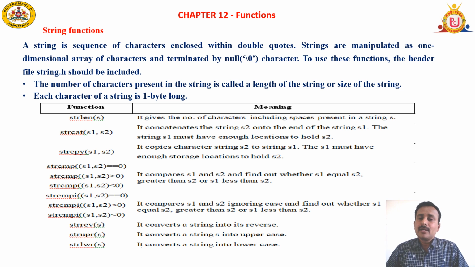Consider if you have computer in a variable called s1, and education in a variable called s2, if you give strcat of s1 comma s2, then the resultant value will be computer education, because it is going to join the two strings. strcat, concatenation of strings, joins the two strings s1 and s2.